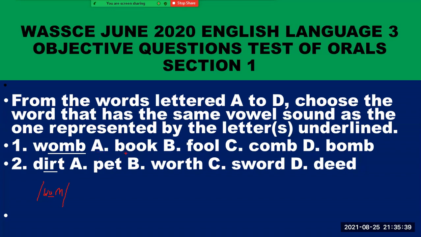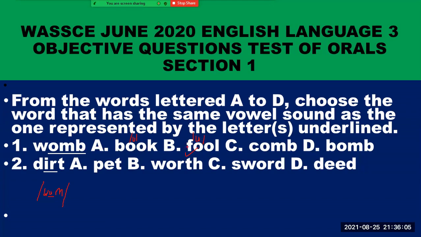Option A is book. Book contains a short U sound, not the long one. Then option B is full, and that is the correct one because here it contains the long U sound, full, womb.